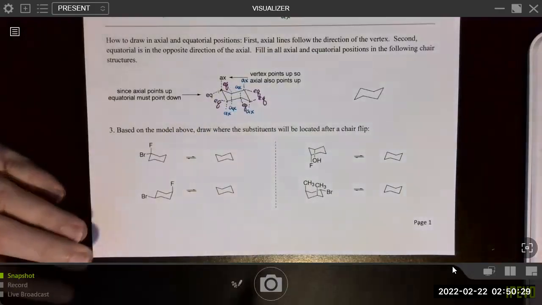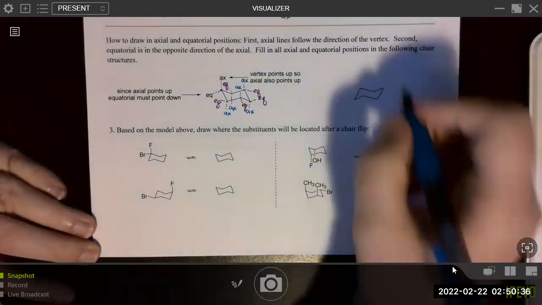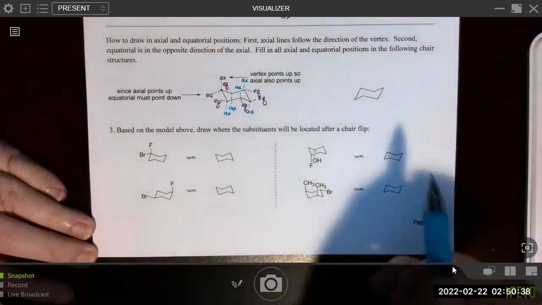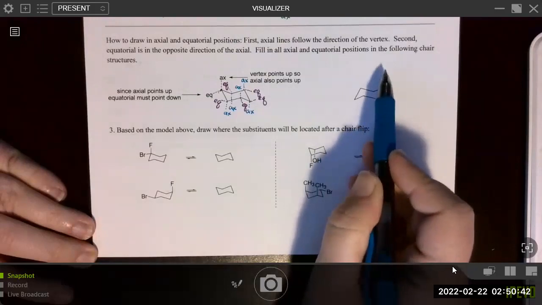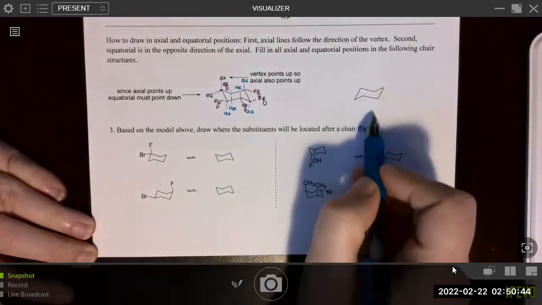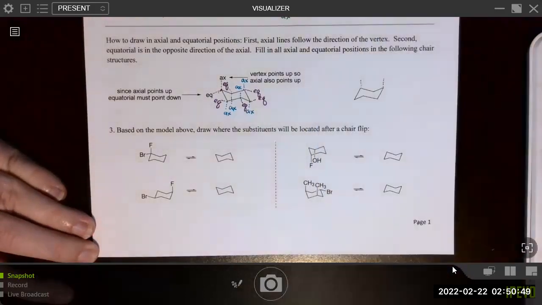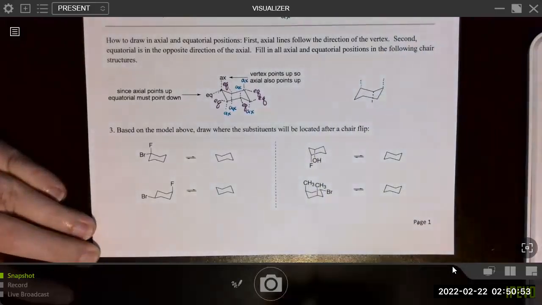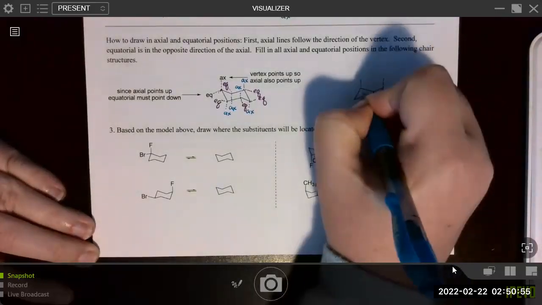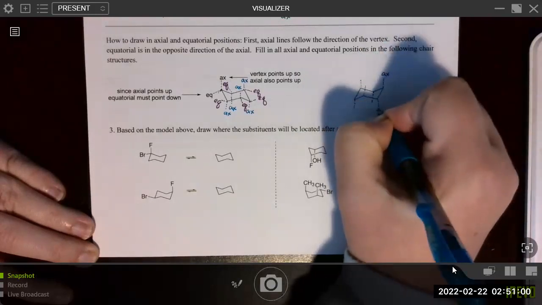Okay, and then we can do the same thing over here, right? We can do all the axial positions. So again, we're going to just do from these 2 that are sort of higher up, those are going to be straight up. And then this one that's lower down will be straight down. We just alternate. Okay, and we can label all those axial ones.